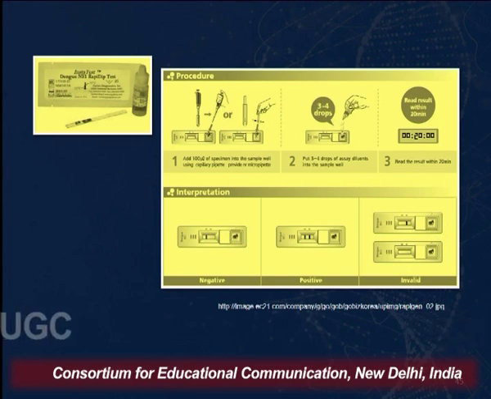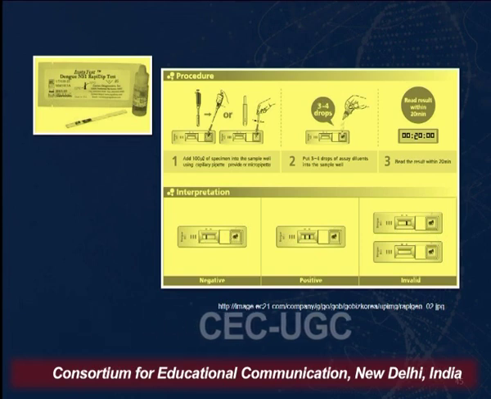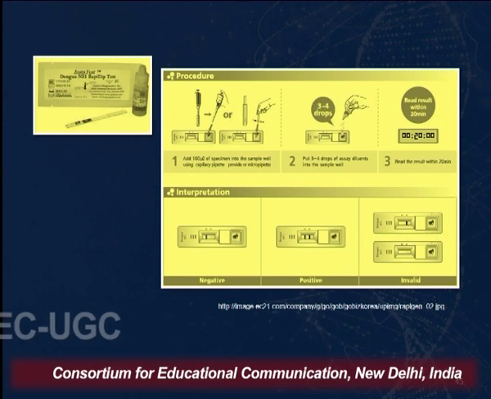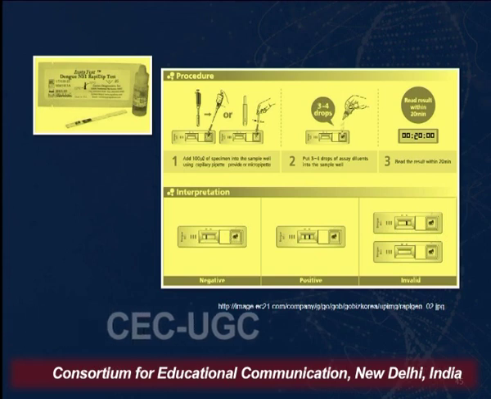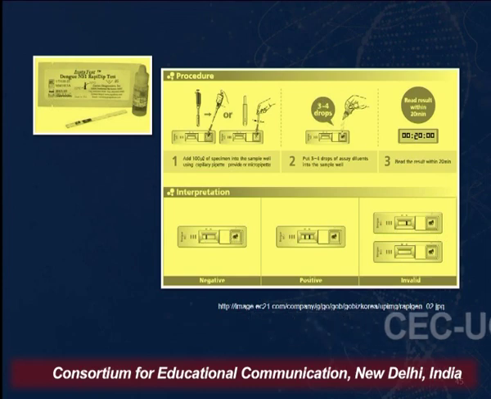Then from the serum sample, the aliquot is poured onto these microtiter plates, and subsequently various chemicals are added, and we get bands which show whether the result is positive or negative. So these techniques have revolutionized the detection and diagnosis of dengue infection.